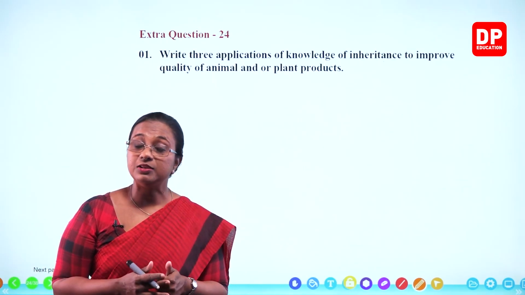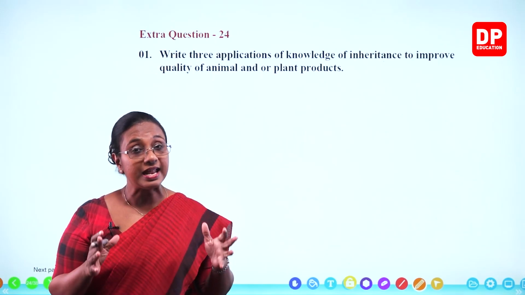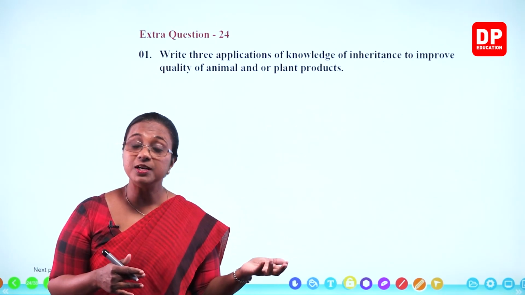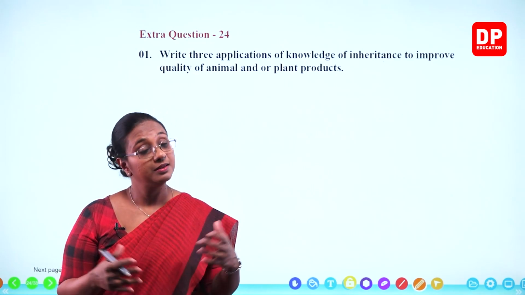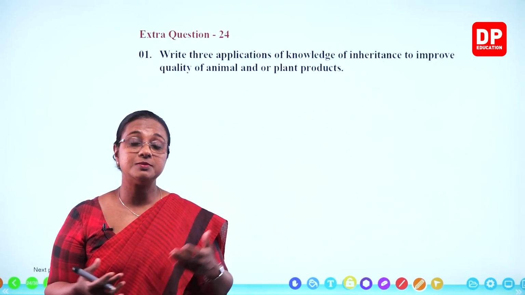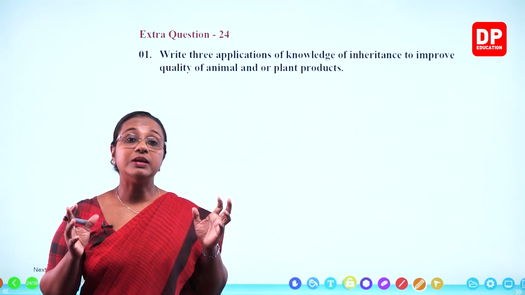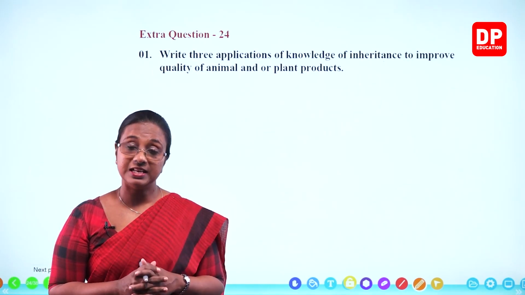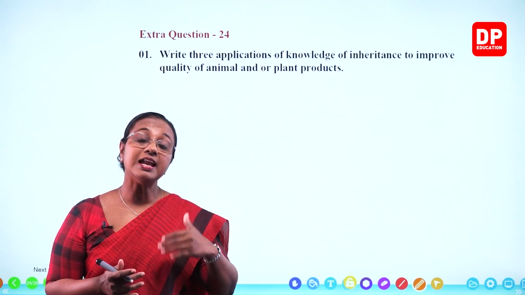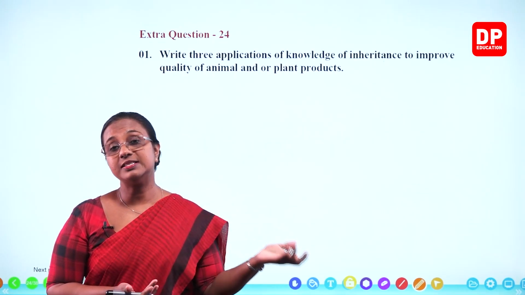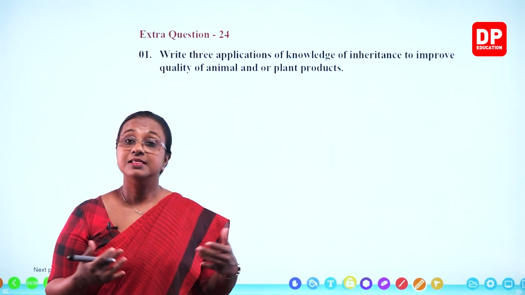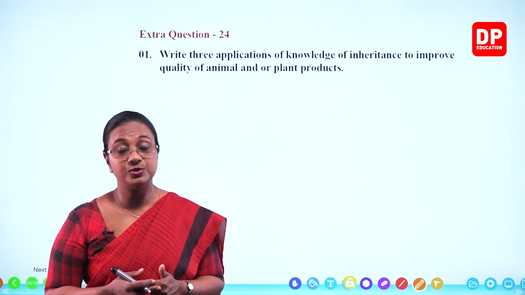In addition to that, we get a lot of produce from plants: rice, wheat, fruits, vegetables. Now, if we use the knowledge of inheritance and improve the quality of these animals and plants, then that will be more useful to us.